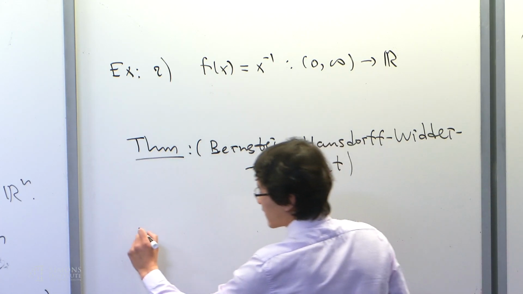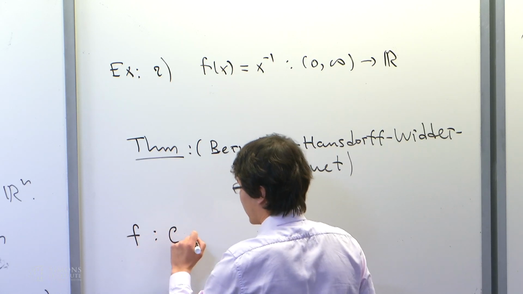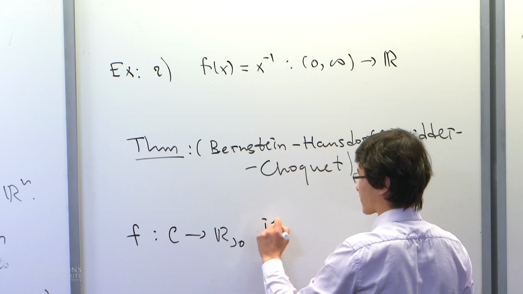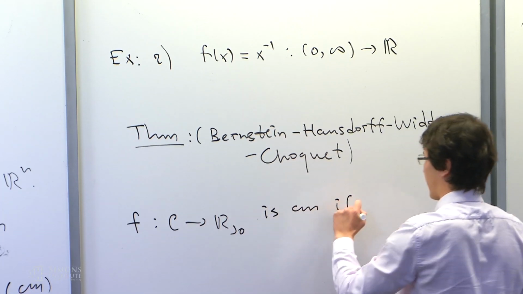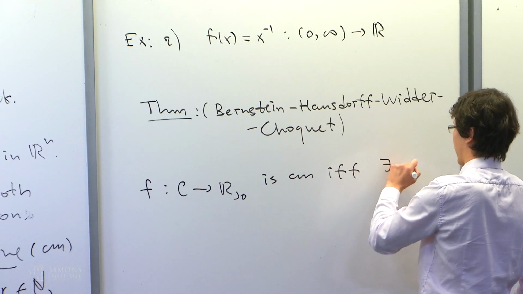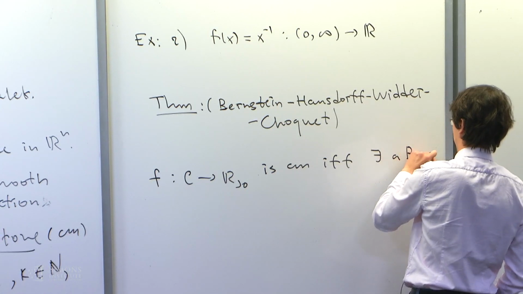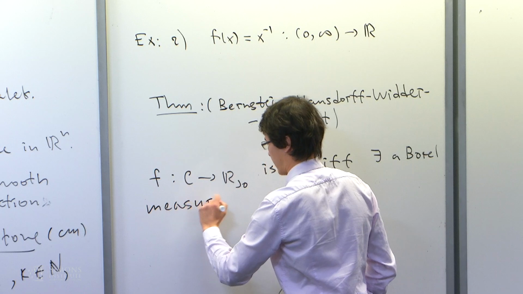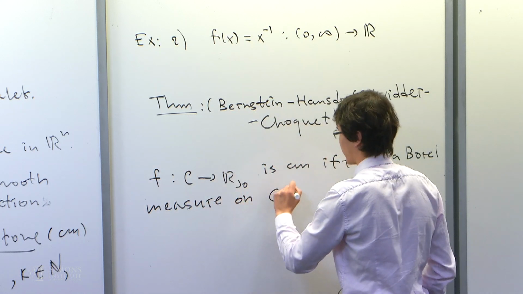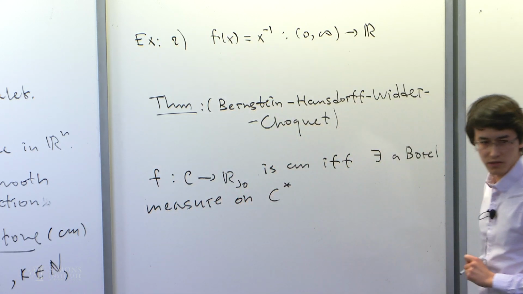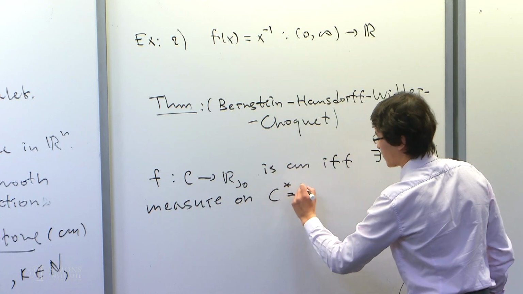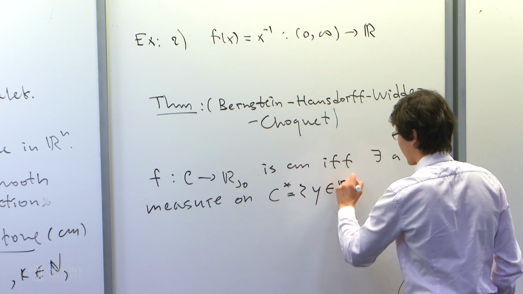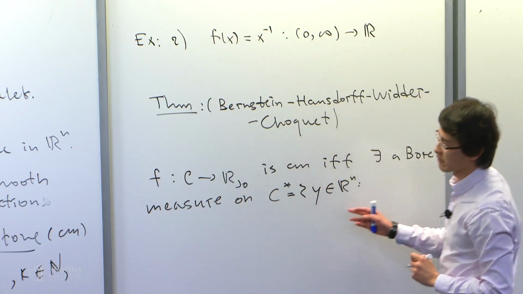The theorem says that f defined on C is completely monotone if and only if there exists a Borel measure on the dual of this cone. By C star I will denote the closed dual cone.